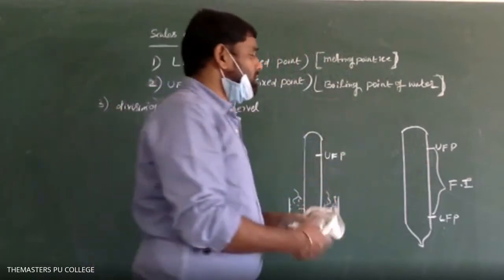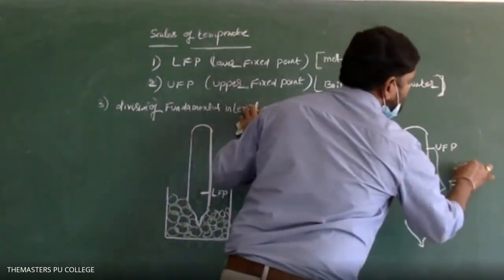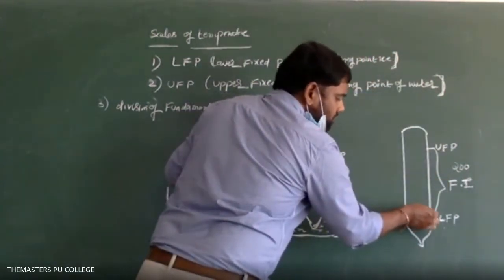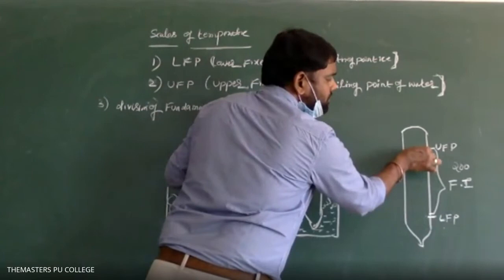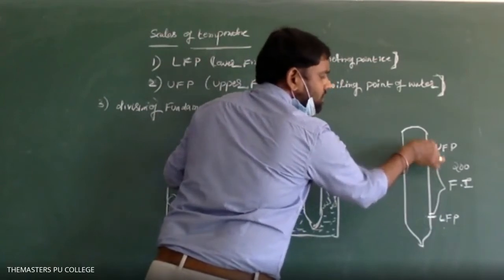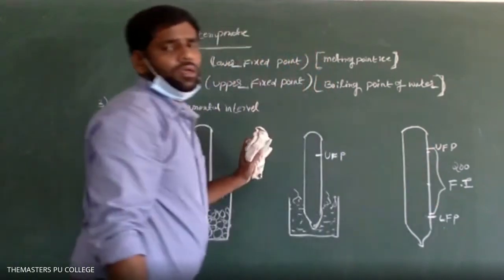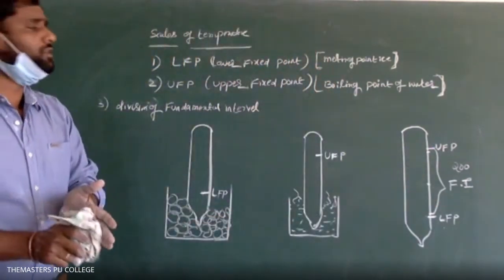For example, here we have divided it into 200 divisions. The gap between 0 and the first division must be equal to the gap between 199 and 200, and that must be equal to the gap between 99 and 100. That is the division of the fundamental interval.